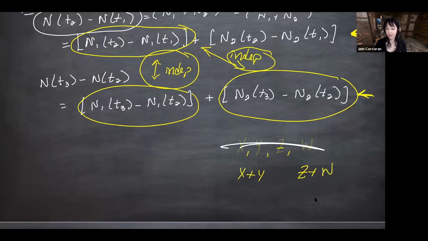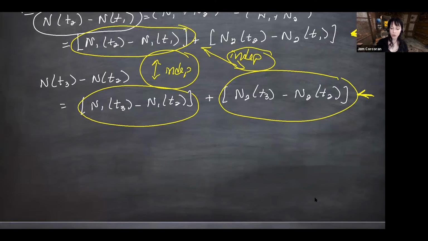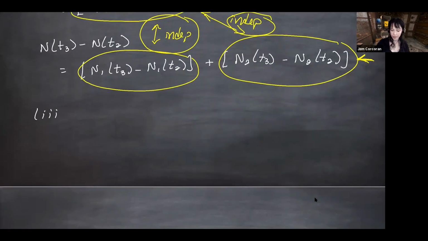So let's do the interesting one, I think. So triple I, the whole Poisson thing. So I want to let S be greater than or equal to 0, and actually, I don't need an ordered S and T. Let's say S greater than or equal to 0 and T greater than 0.